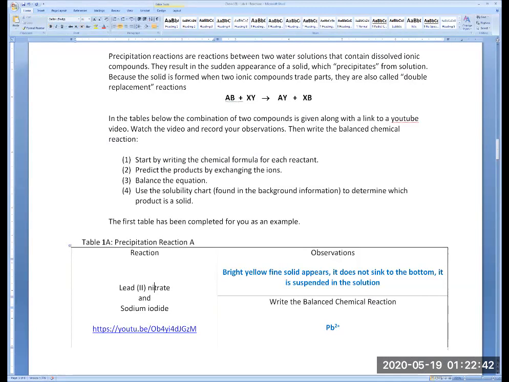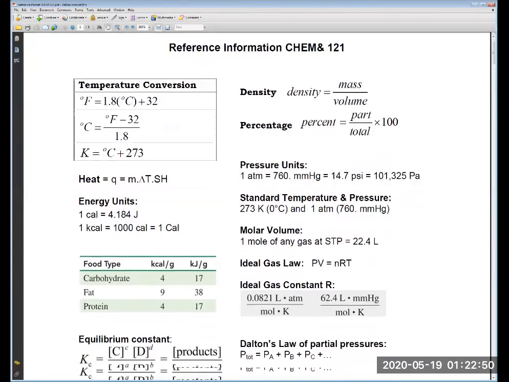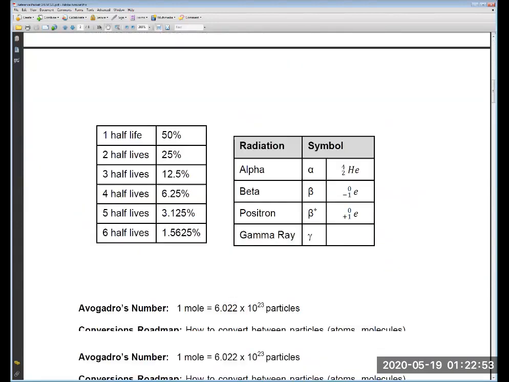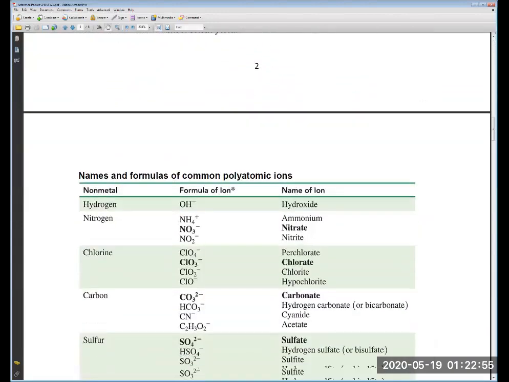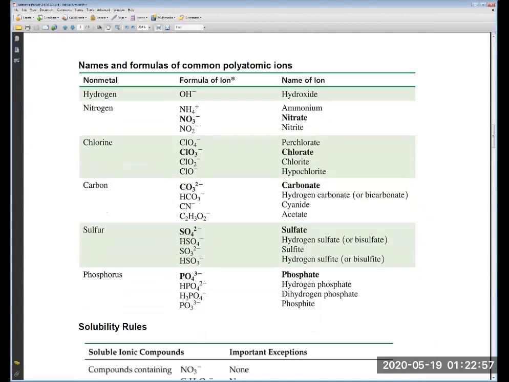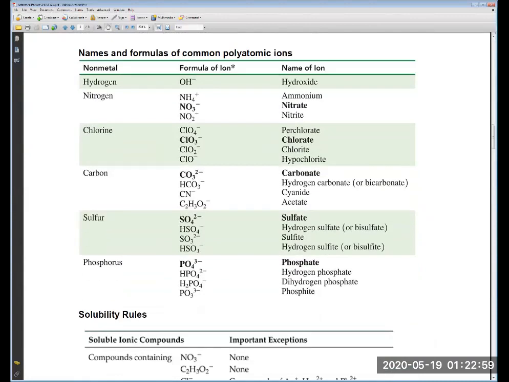So you will want to go to your list of polyatomic ions, and hopefully you have the reference ready here. So reference information, go to the list of polyatomic ions. The list of common polyatomic ions is there. And nitrogen makes the nitrate, right? Nitrate, so it's NO3 -1.